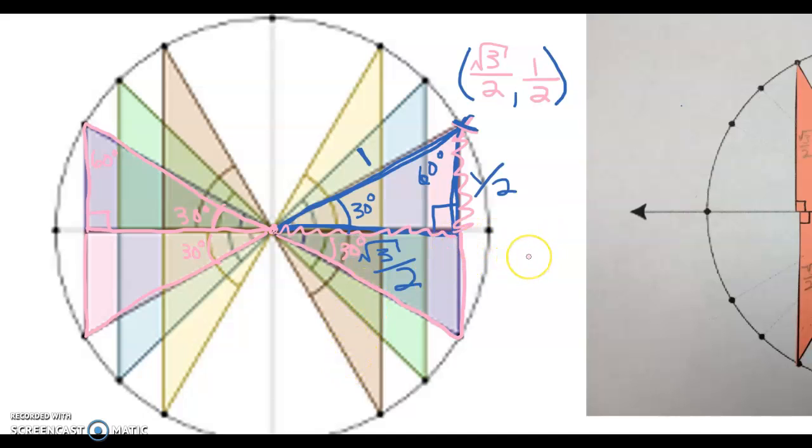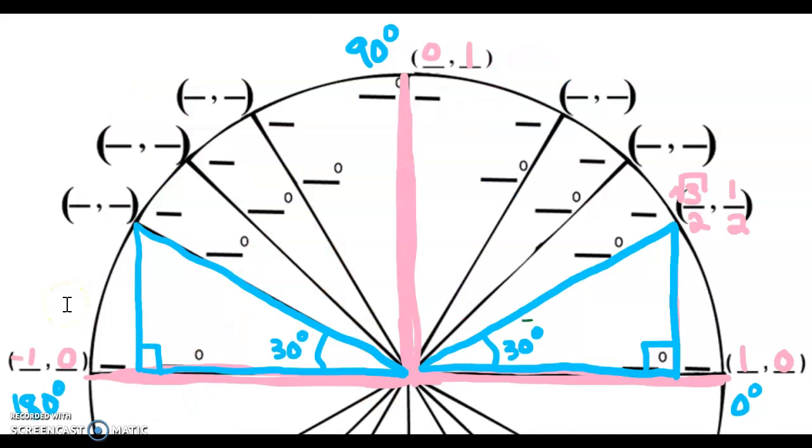All right, one last thing I really want to point out. I know this is kind of hard to see. That's better. Okay, so I just recreated what we just had above. You'll see the y and x axis I've marked in pink, as well as redrawn our 30-degree central angle triangles here in blue, as well as copied down our point of root 3 over 2, comma 1 half.